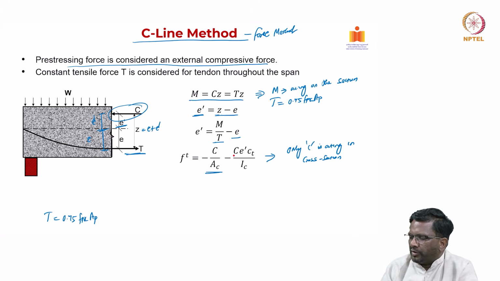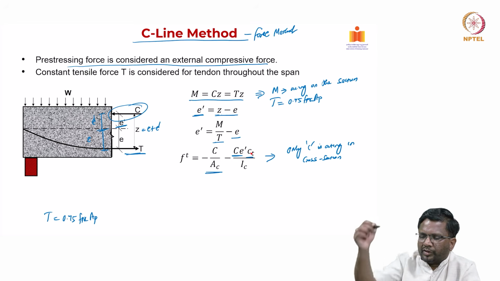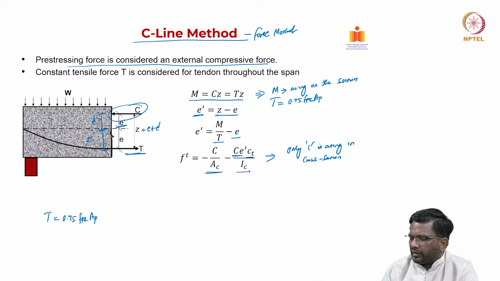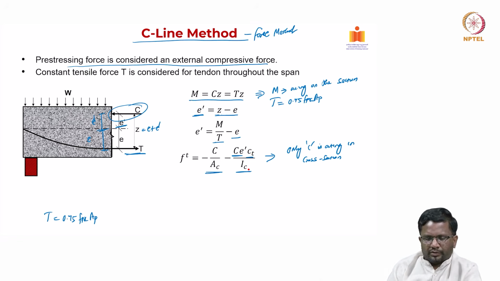So, the moment due to C is going to be C into E prime. Now, let us say we are calculating stress at the top. CT is the distance of the fiber at the top, and IC is the moment of inertia of your cross section.